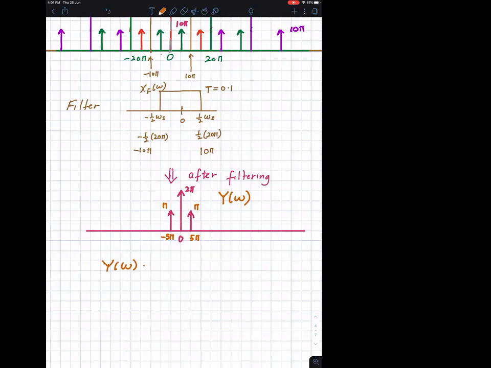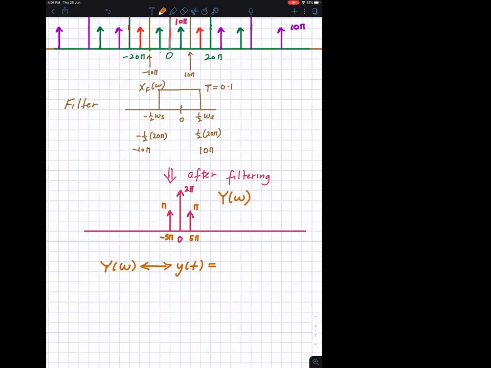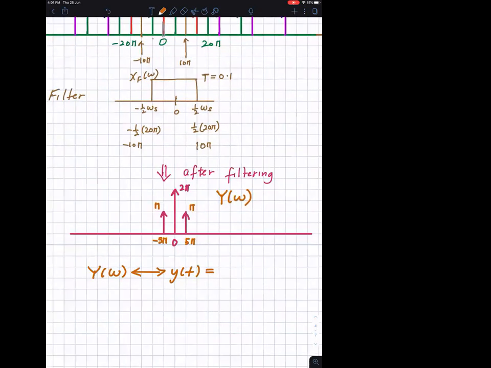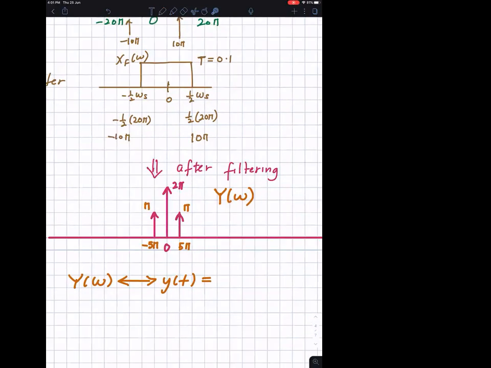So this is the output. Inverse Fourier transform of the output is y(t). y(t) is equal to what? If I do the inverse Fourier transform of these signals here, you have a DC with an amplitude 2 pi, and you have an AC with an amplitude pi located at frequency 5 pi.